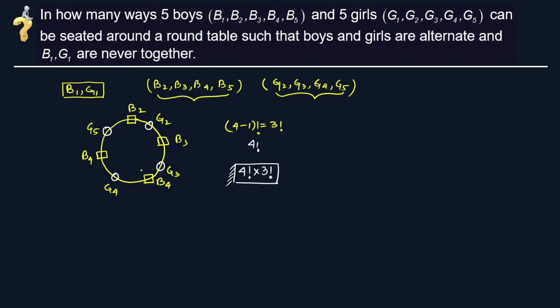Now, suppose B1 and G1 are sitting in this manner. So they can be placed between these boys and girls in such a way that the alternate thing is maintained. That is boy, then girl, then boy, then girl, and this thing goes on.